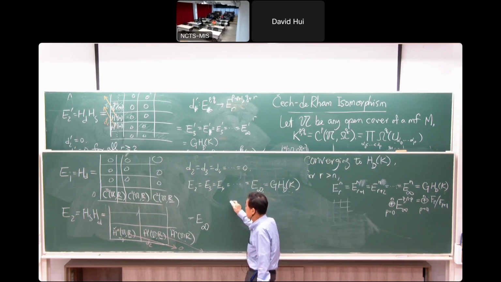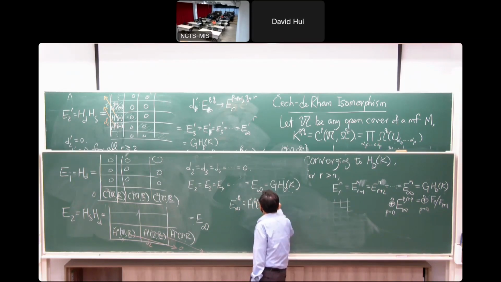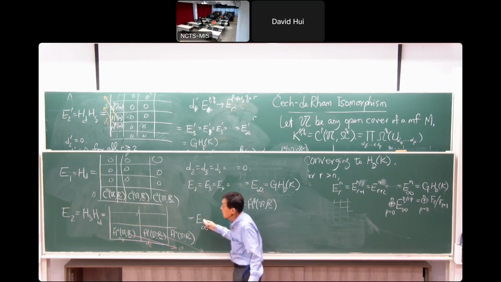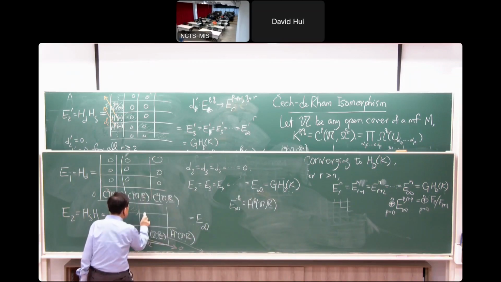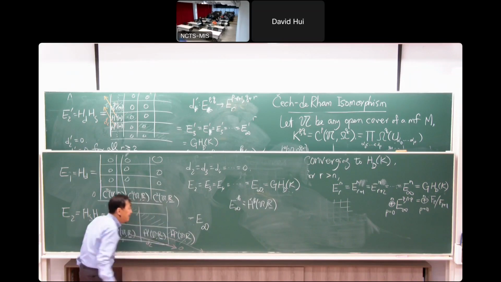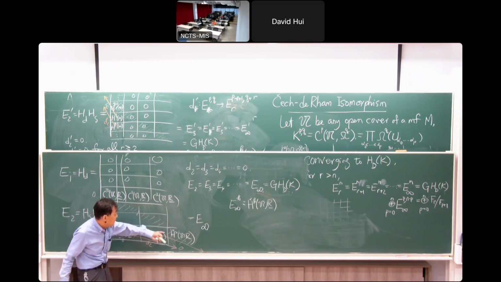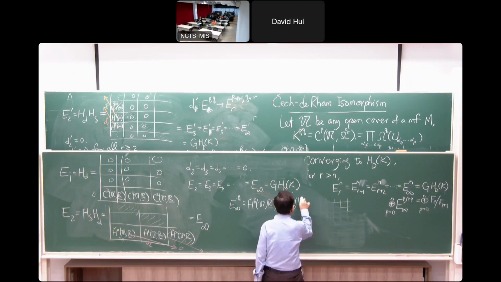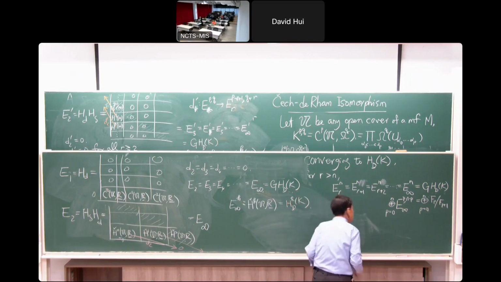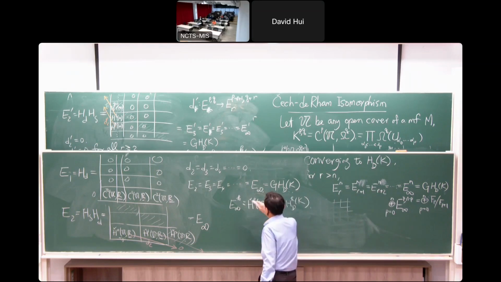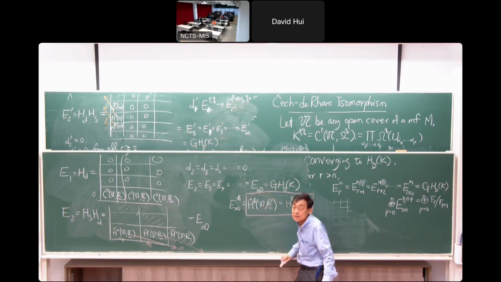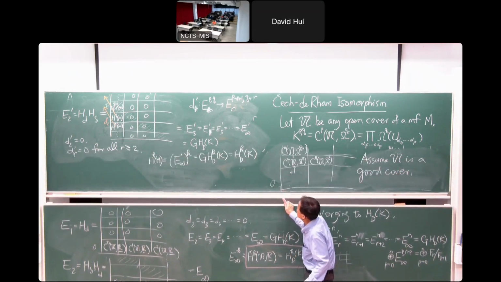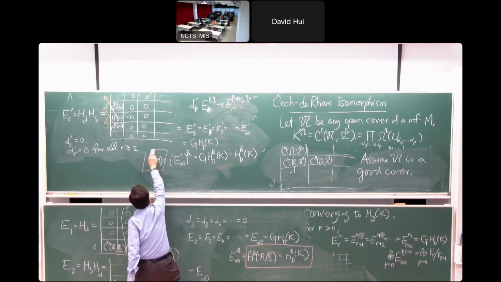So again, in degree K, E infinity K is just going to be the Čech cohomology in degree K. And when you filter the cohomology in E infinity, you also get only one term in degree K. So this is HK of D. So you get HK of D here as Čech cohomology, but using the other spectral sequence, you get HK of D as the de Rham cohomology.